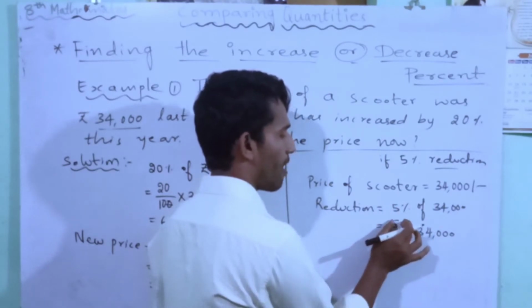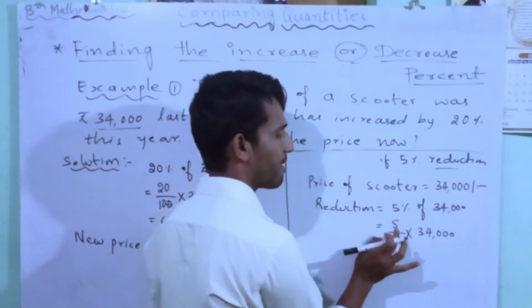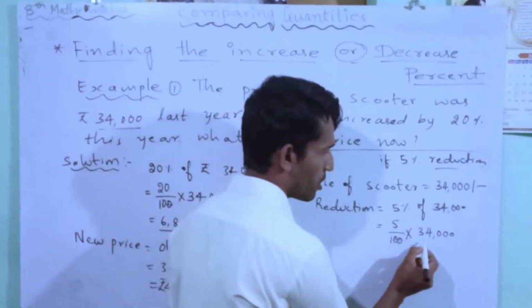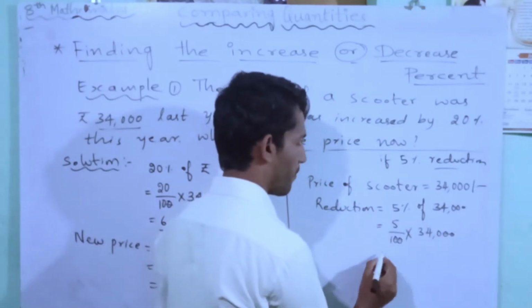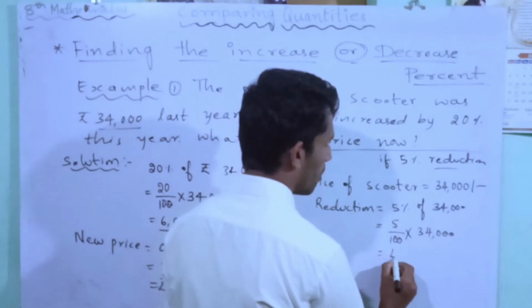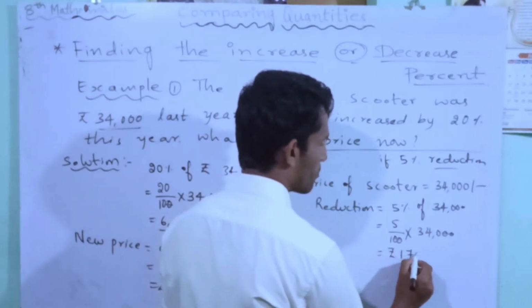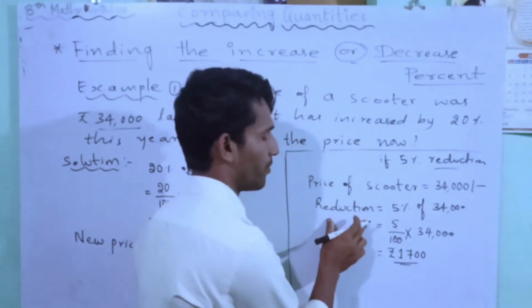Out of 100, there is a 5% reduction, so I am taking 5 by 100. Now you cancel, the 20 gets cancelled, remaining 340 into 5. When you multiply 340 into 5, you will get 1700. Okay, this is the reduction.